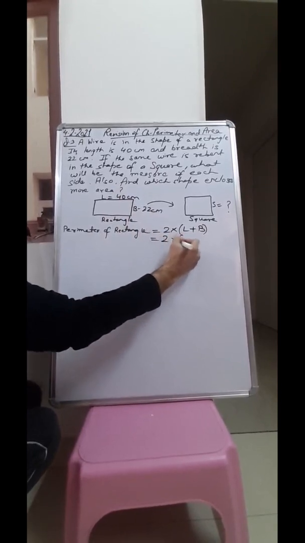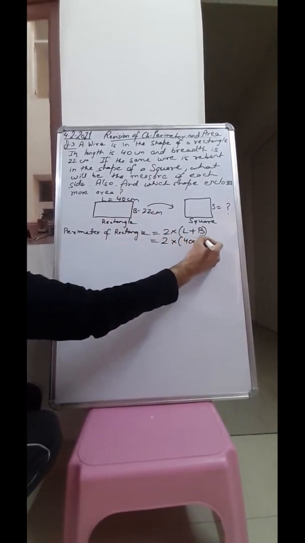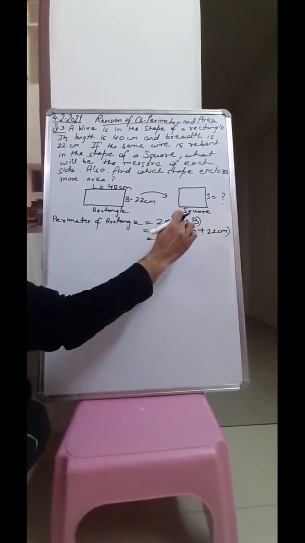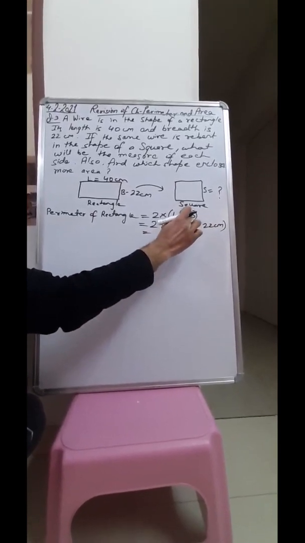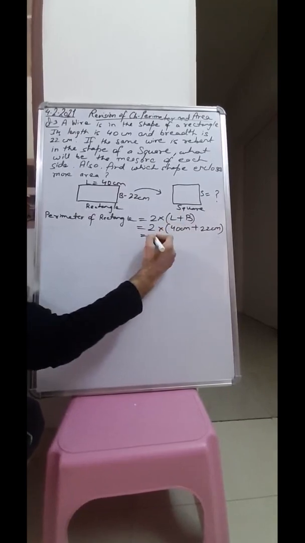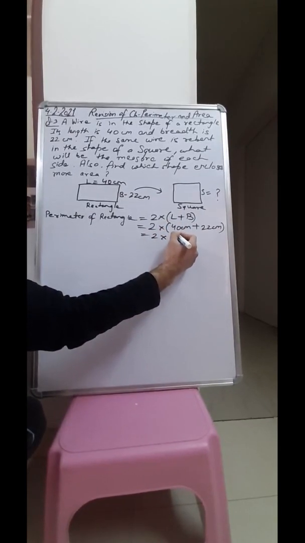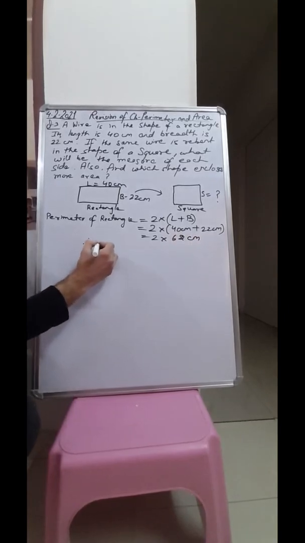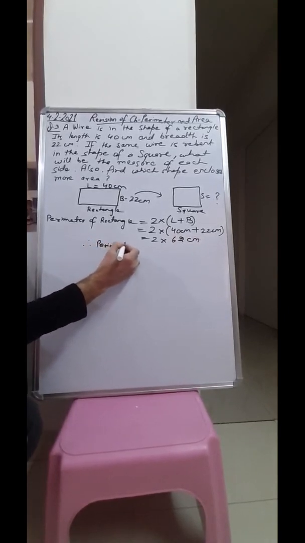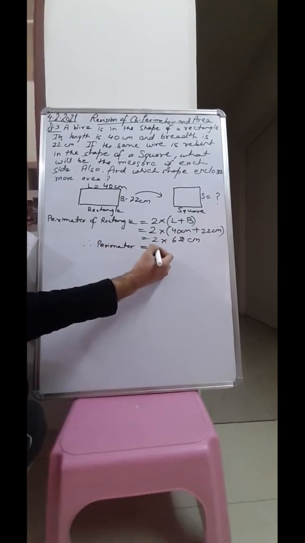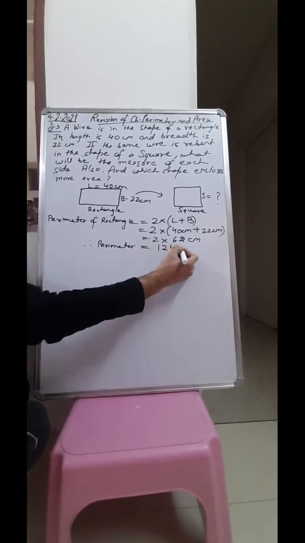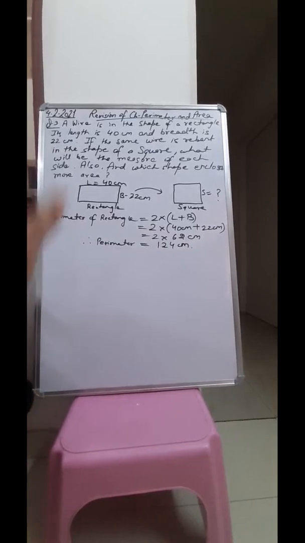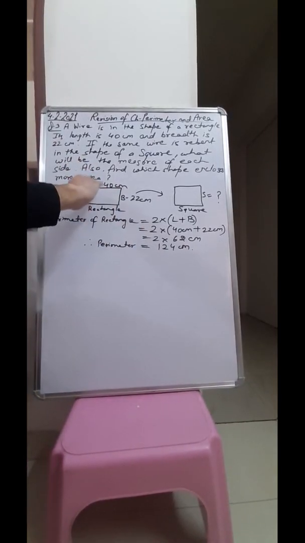So 2 multiplied by 40 centimeter plus 22 centimeter. First we have to add them, so you will get 62 centimeter, and therefore the perimeter of the rectangle is 124 centimeter.